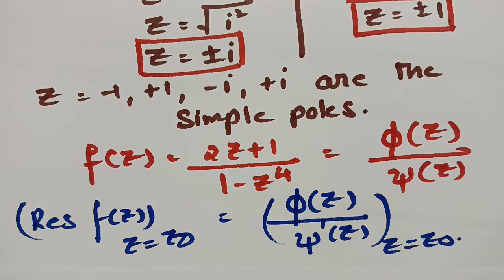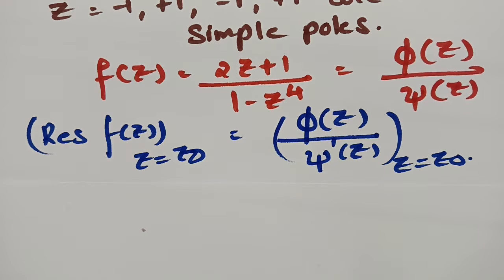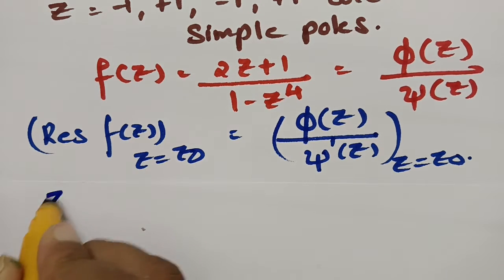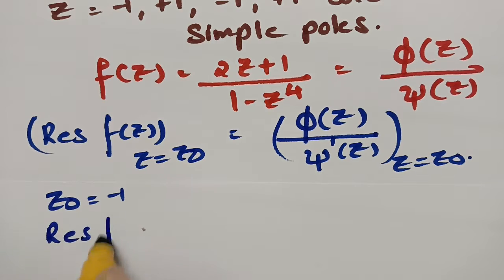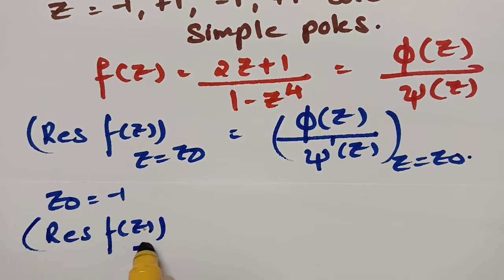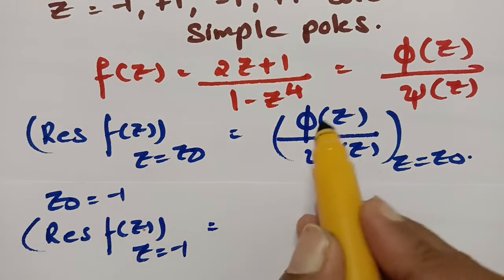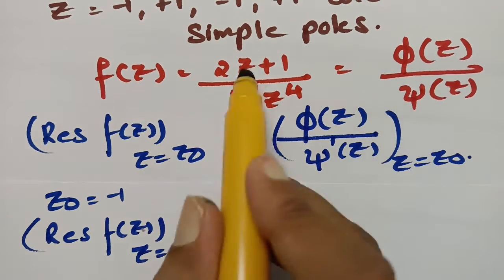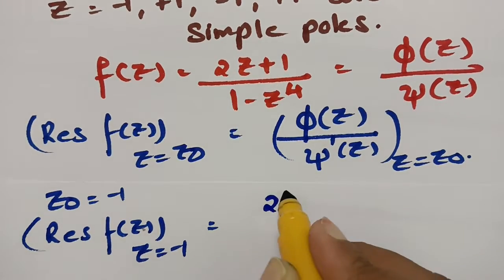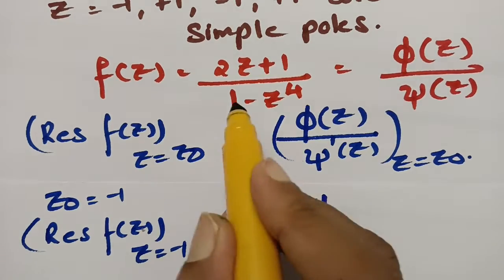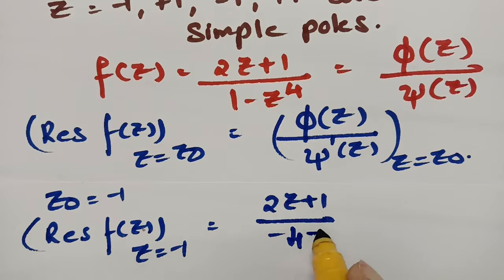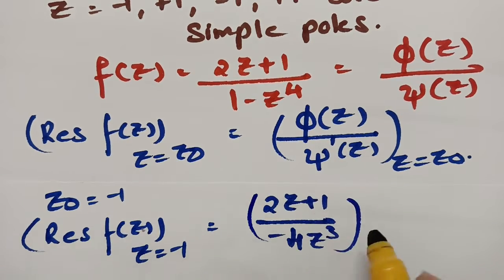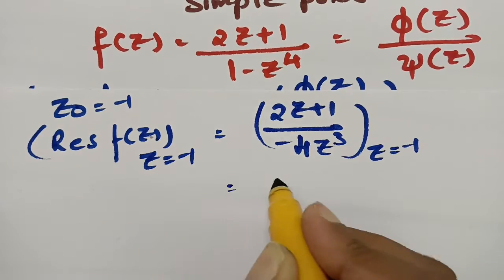The first pole value I am taking is z0 = -1. For this, the residue of f(z) at z = -1 is: the numerator phi(z) I am leaving as it is, that is 2z + 1. For the denominator I am taking the derivative, so this will be -4z^3, and in this place I keep z = -1.